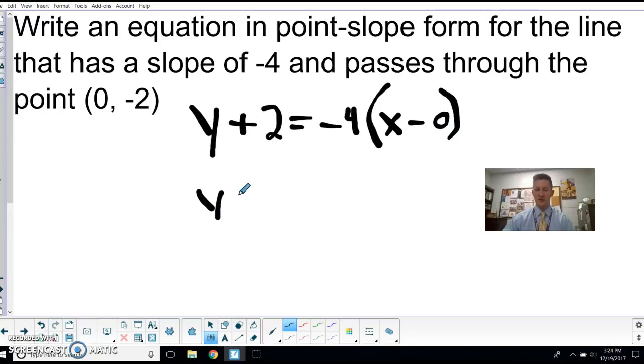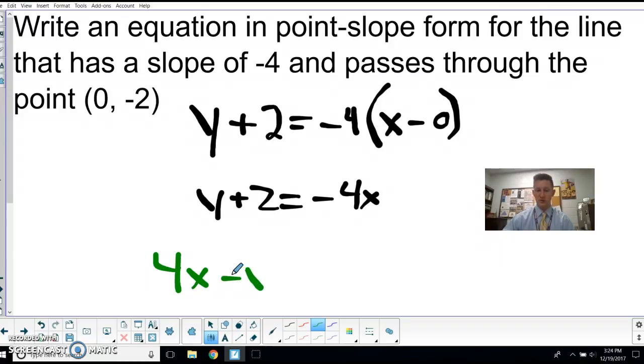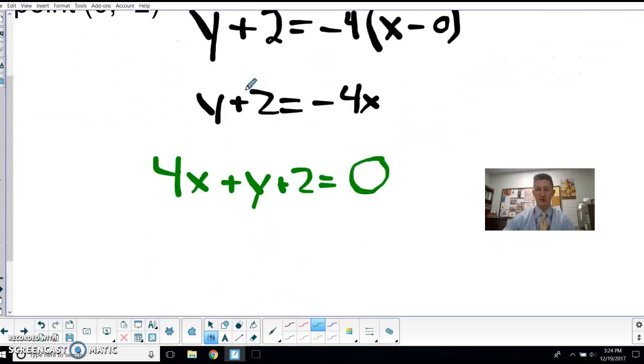As I simplify this expression, I'm going to have y plus 2 is equal to negative 4x. And if I want it in standard form, I'd probably add 4x to this side and have 4x plus y plus 2 equals 0, or equals negative 2. Either way, it'd probably be okay. Just depends on what your teacher's looking for.